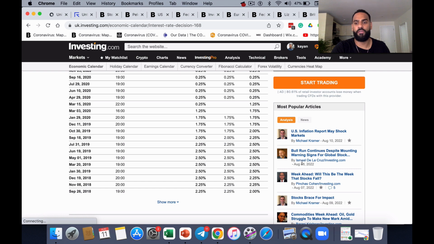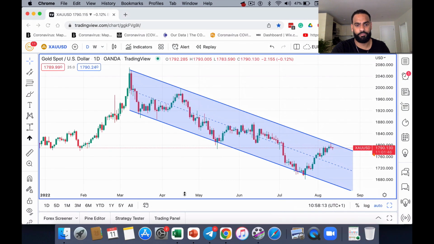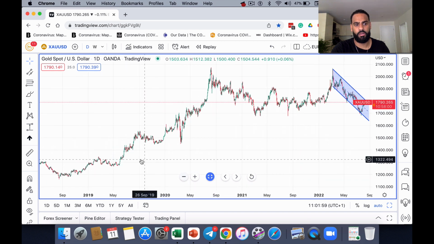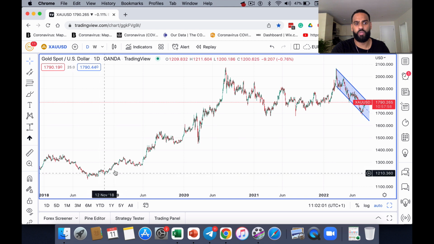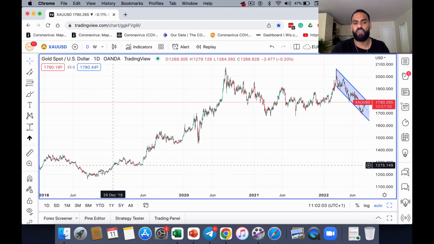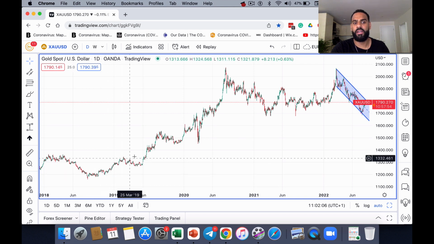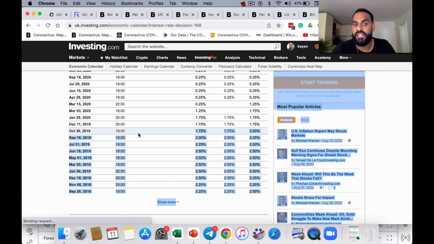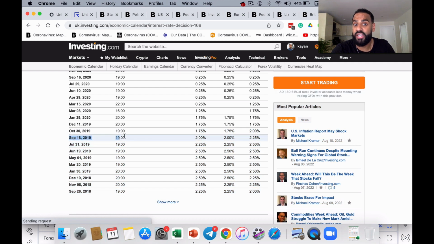Gold's price started to take off in 2019, as we can clearly see around here. Look, 2019 is when gold's price started to rise. And why was it rising in 2019? Because interest rates by the US Central Bank were starting to be cut from September 2019. So interest rates start to get cut.